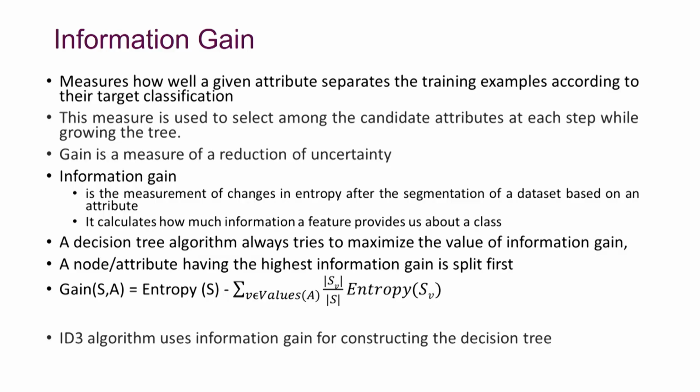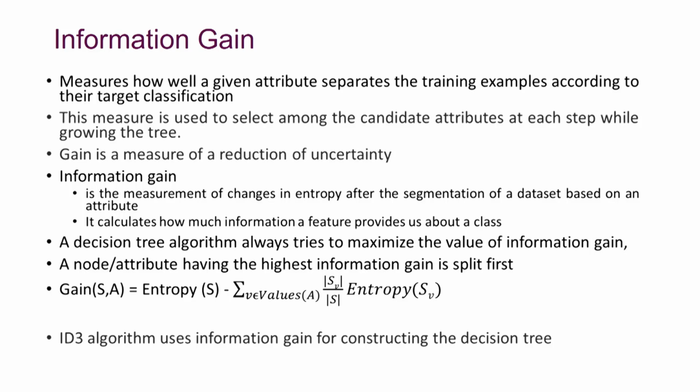So, whatever node we are having, and if we are trying to split that node, if we are having some uncertainty in that node, it means we are not sure, when we randomly select any instance, to which class it will belong.